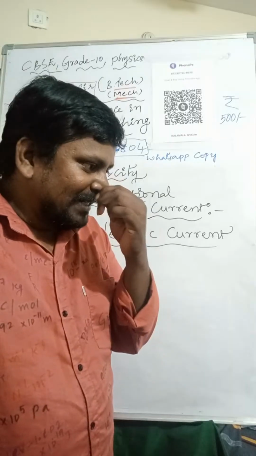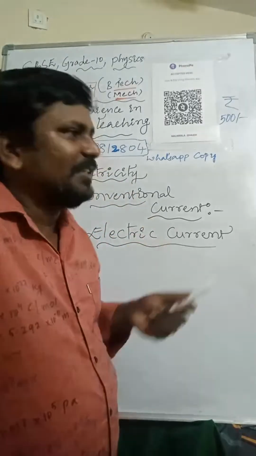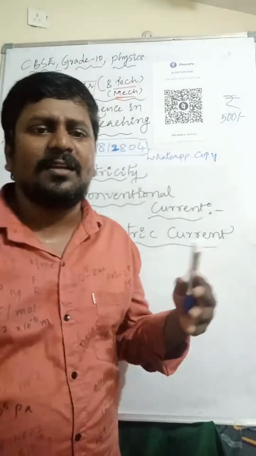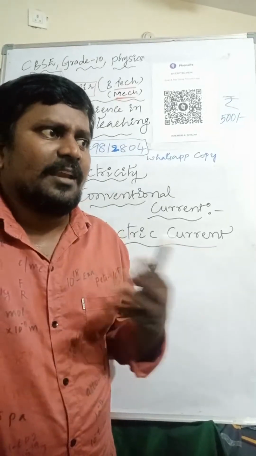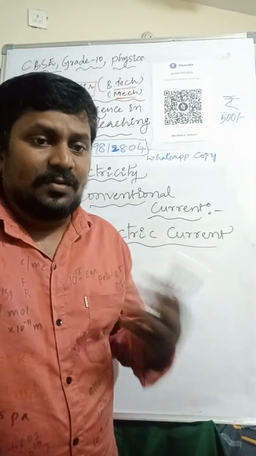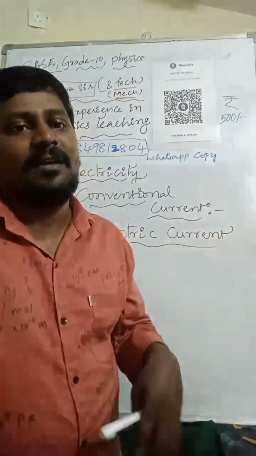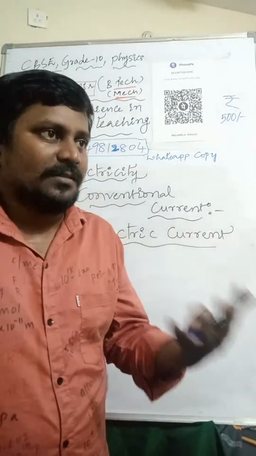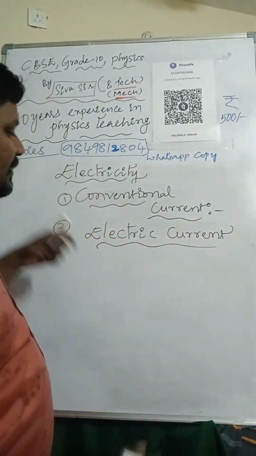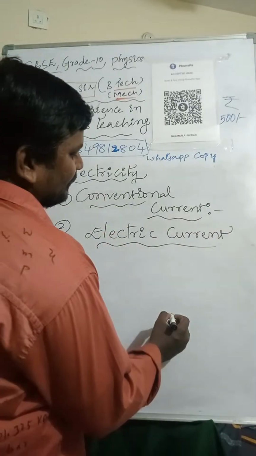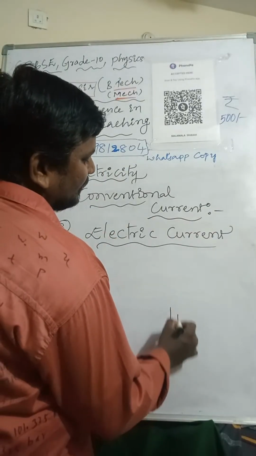Okay, so conventional current and electric current. Conventional current is nothing but, normally, before we found electron, proton, neutron, scientists had already given a statement. I am considering this a battery.